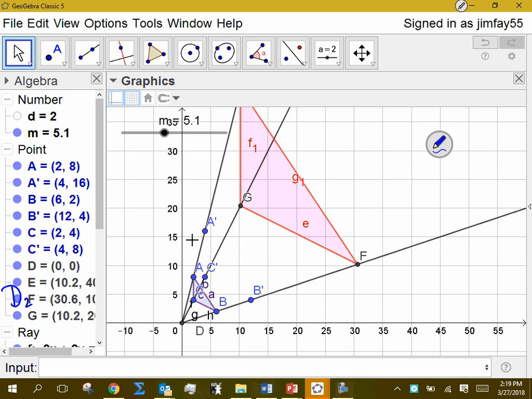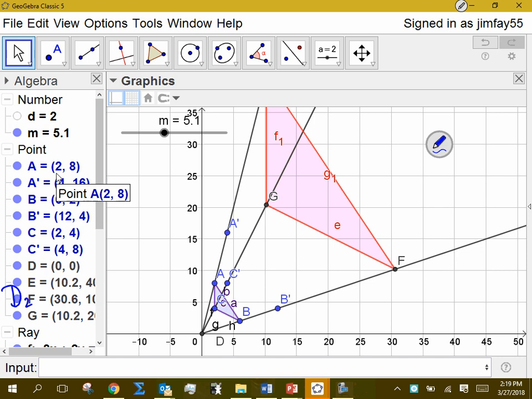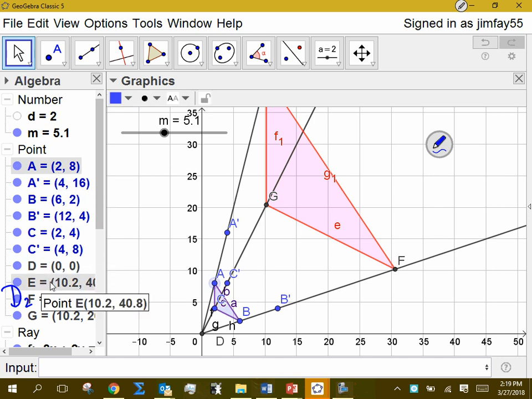So if I look at, let's say, what was that point? E and A. If I look at E and A, and I want to figure out what the scale factor is, I take the X values and I divide them. What's 10.2 divided by 2? 5.1.